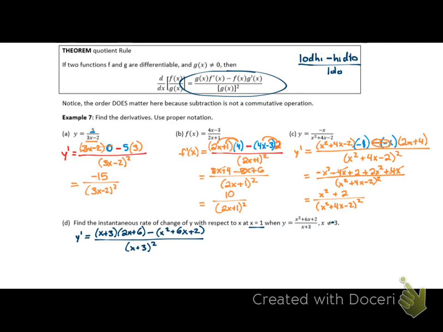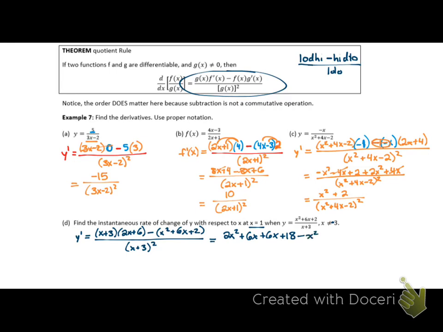Now we distribute. When we distribute, we get x times 2x, which is 2x squared, x times 6, which is 6x, 2x times 3, which is also 6x, and 6 times 3, which is 18, minus the second one, right?